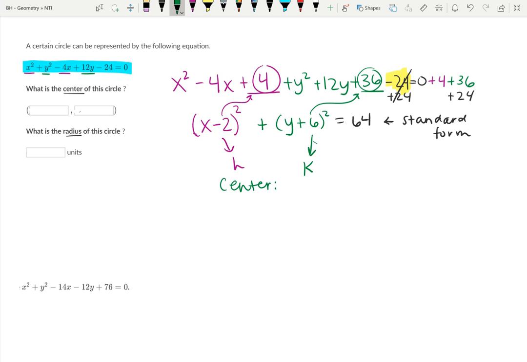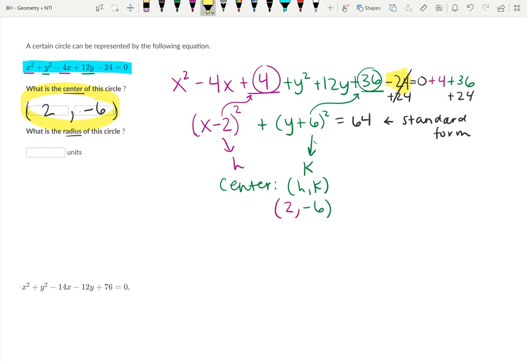Remember the center is h comma k, but you've got to change those signs. So you've got -2, switch the sign. You've got +6, switch that sign. So your center is 2, -6. Okay, so that's one important piece of information.